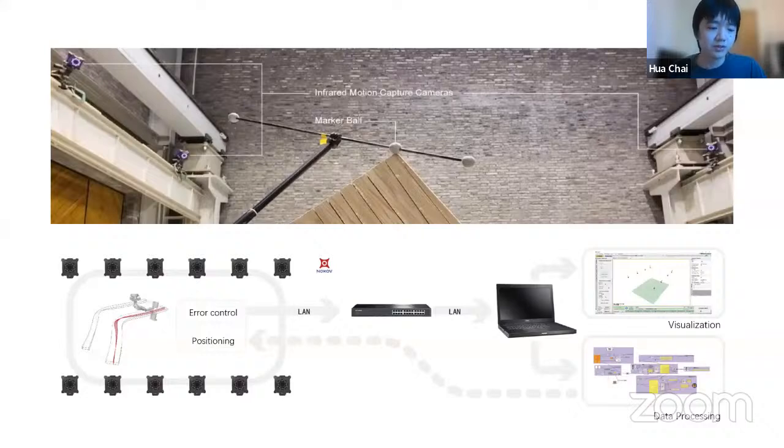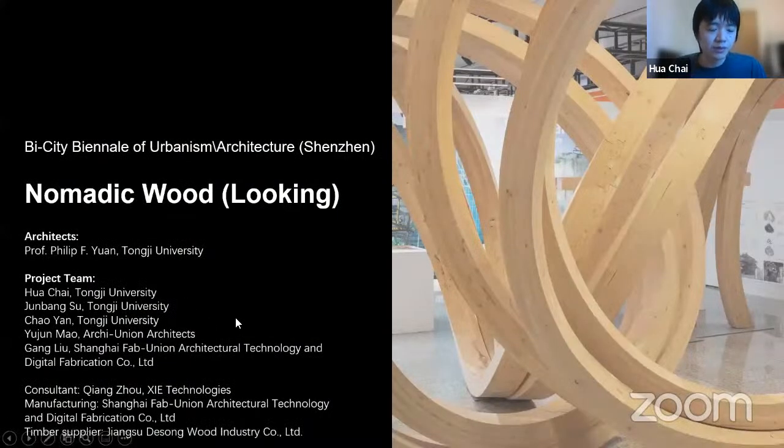The information collected by the camera can be directly transmitted in real time to the design platform Grasshopper, which is used for the positioning of the robot and the materials. So with such a robot platform, we want to take advantage of it to deal with the challenges of mass customization of complex timber components.